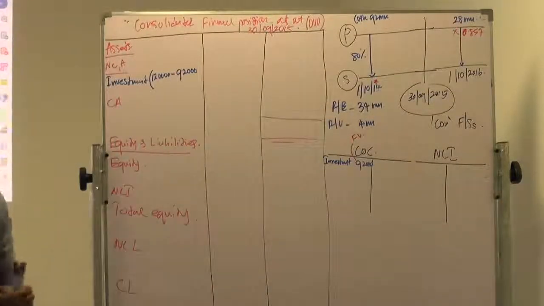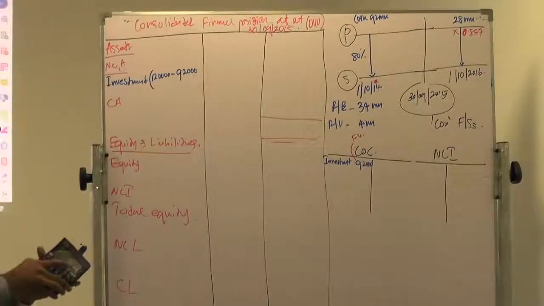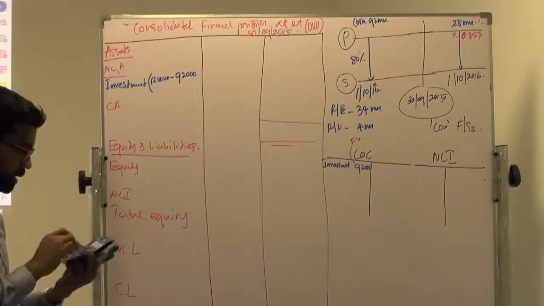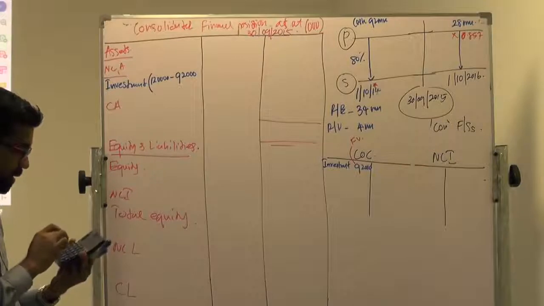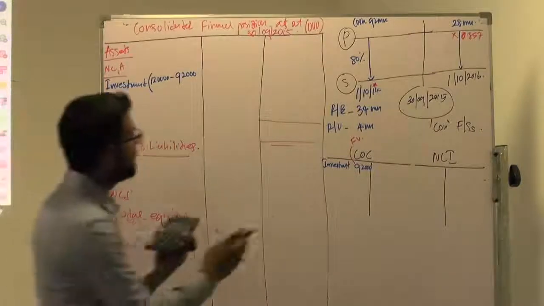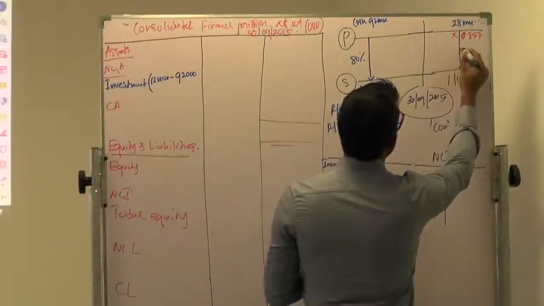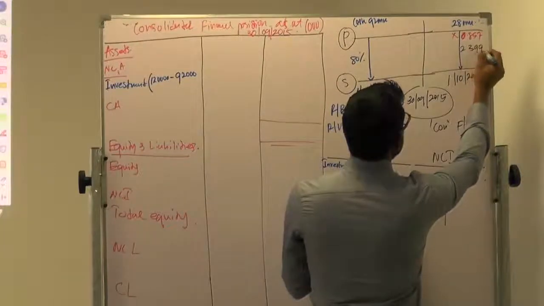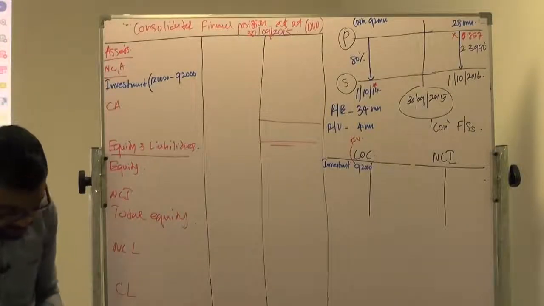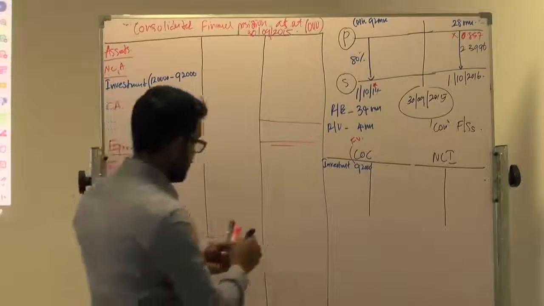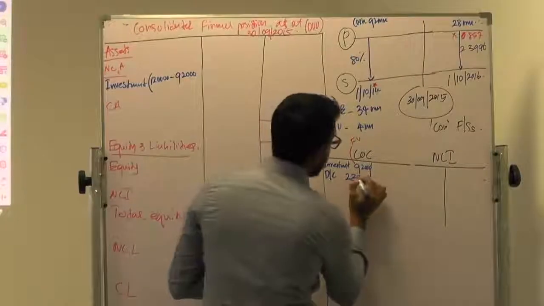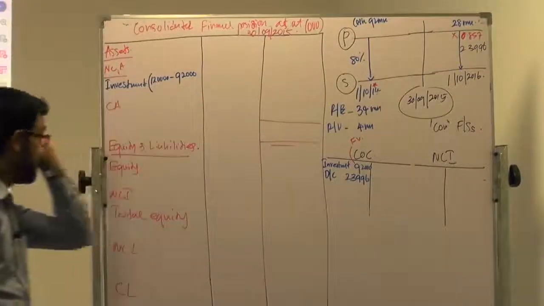28 million into 0.857, which is 23,996. Deferred consideration 23,996, right?